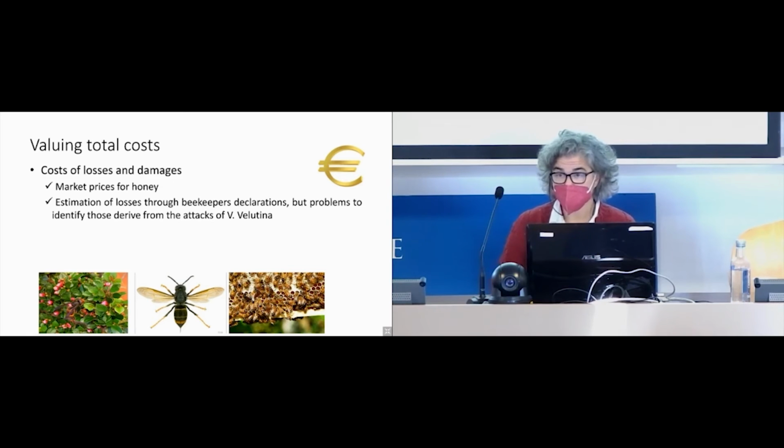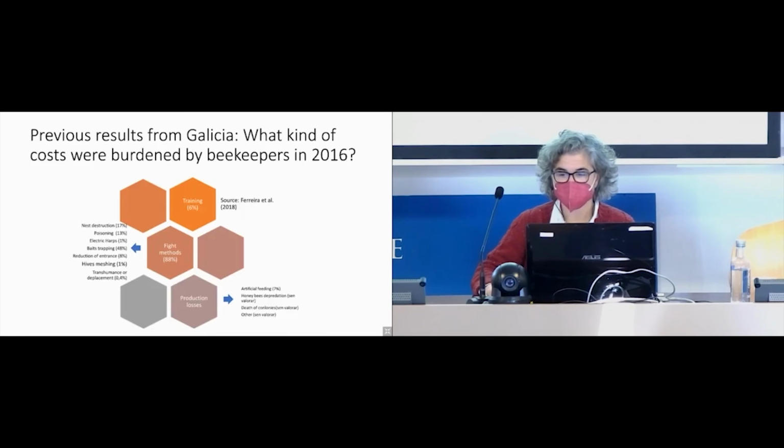But here we are going to have a problem, because normally beekeepers don't distinguish very well the losses coming from Vespa velutina attacks and other possible causes. Then we have to keep attention to this difficulty when we value these damages.